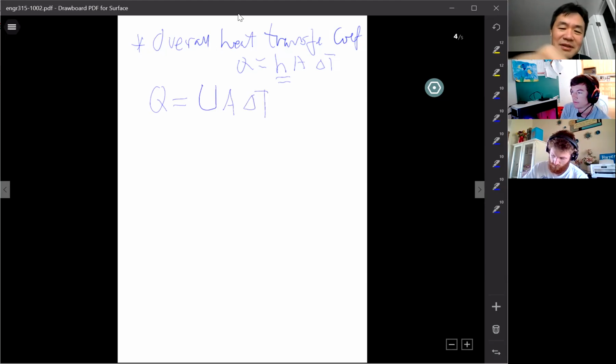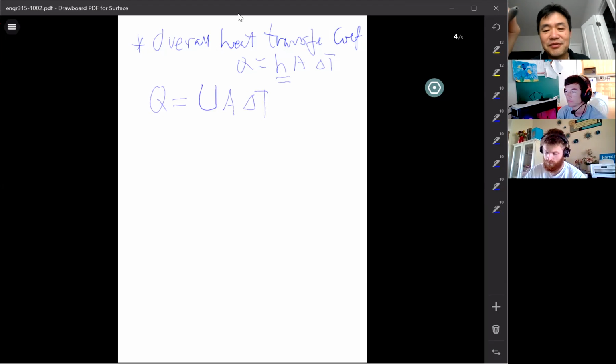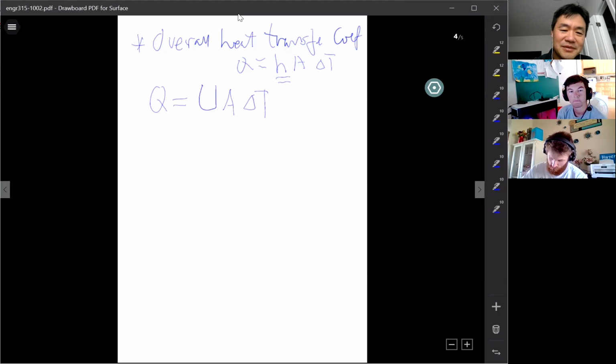Okay, we like to adopt this form, hA delta T. It seems like there's nothing new in this lecture compared to the previous ones, but it's just a different way to do it, by the preference of different engineers.